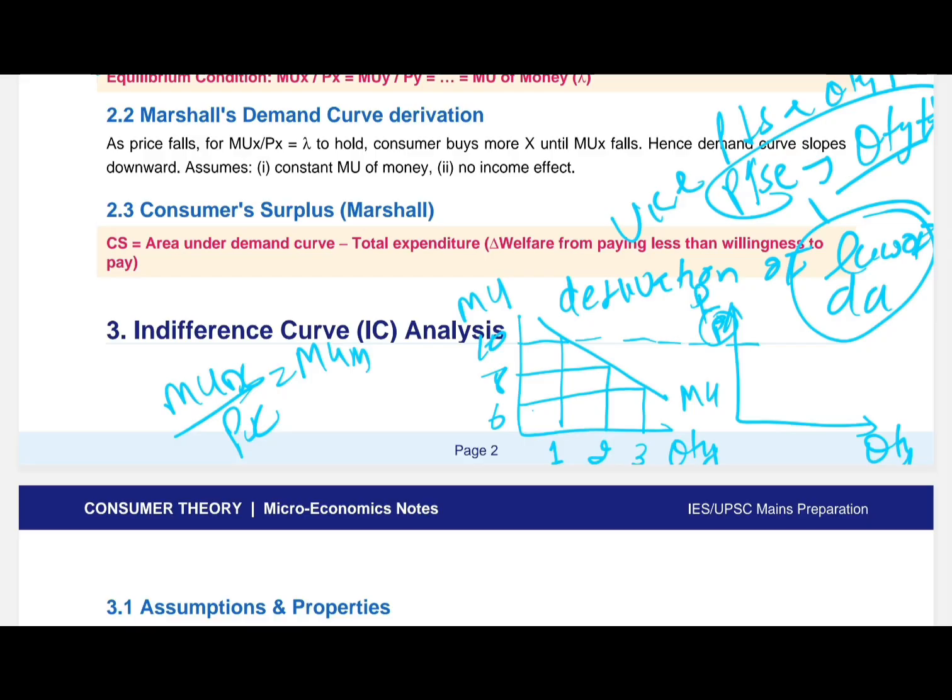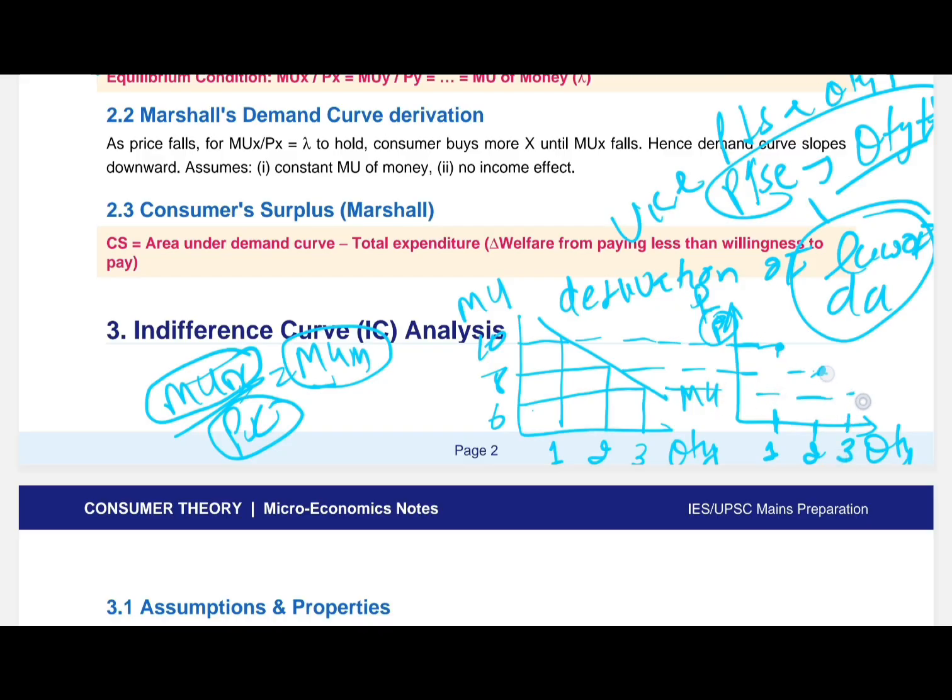If we spend our whole income on that commodity, we get marginal utility. The first unit gave us that much utility, the second unit gave this, and the third unit gave that much.